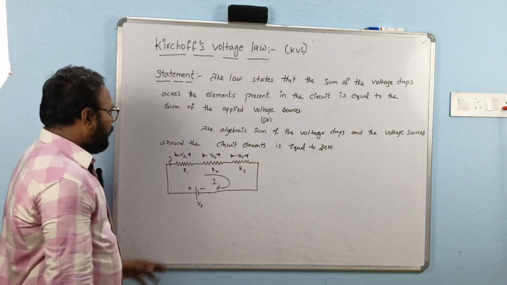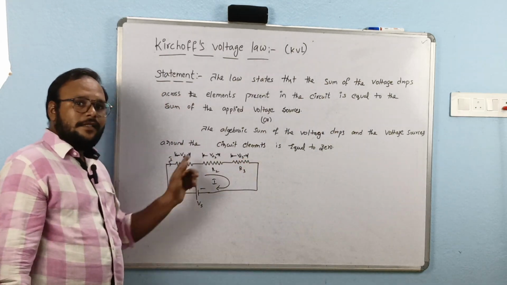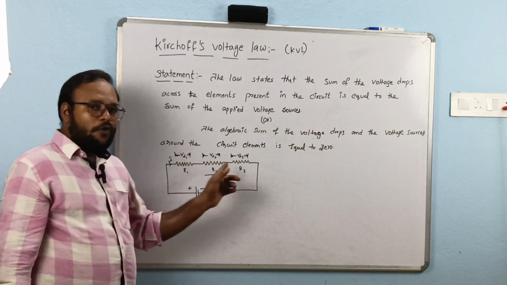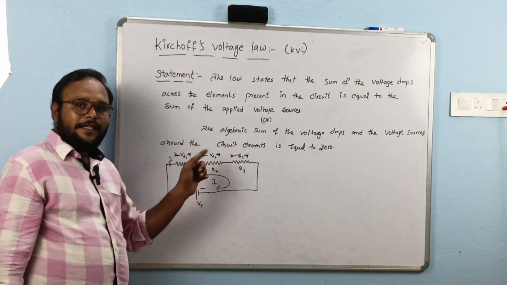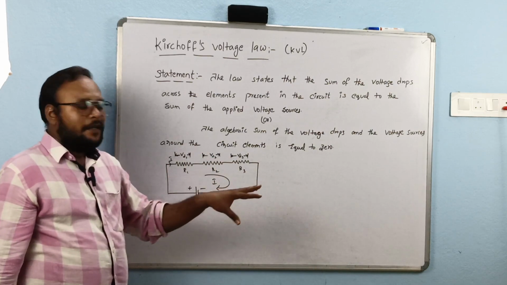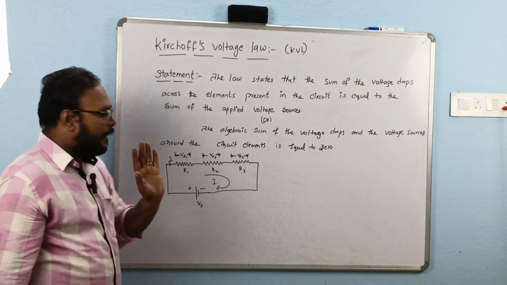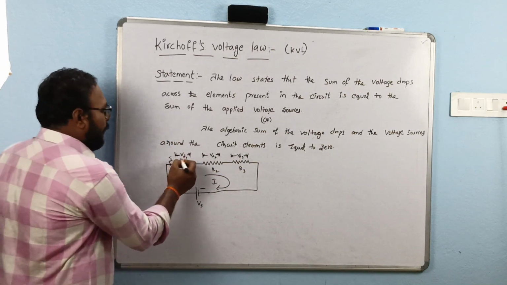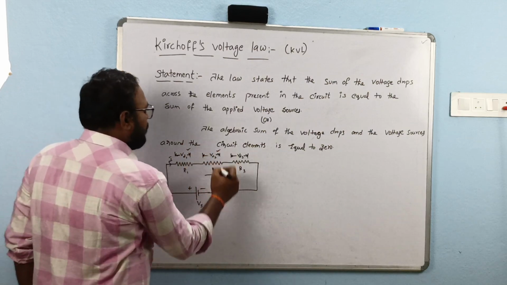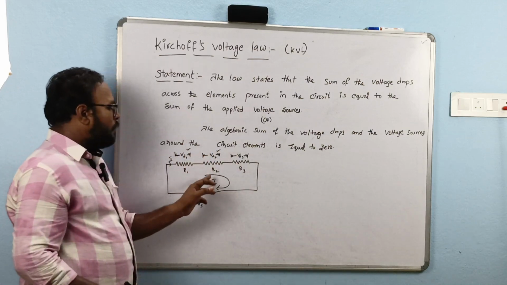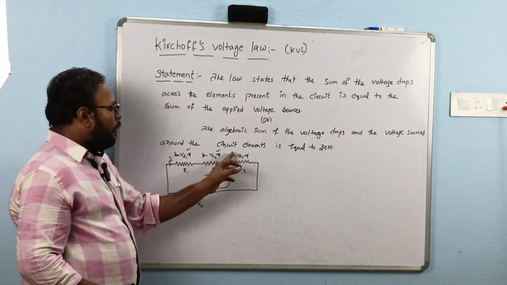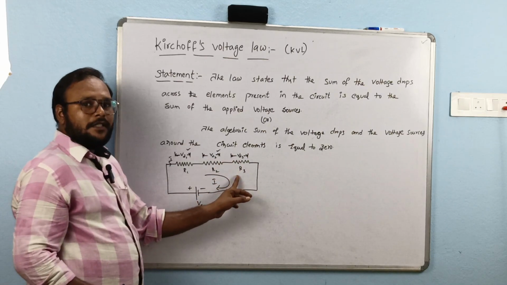Is it right? Since this is a series circuit, the current flowing through all the elements in a series connection is the same. That's why we are considering the current I in each and every element. VD1 is the voltage drop across resistor R1, VD2 is the voltage drop across resistor R2, and VD3 is the voltage drop across resistor R3.